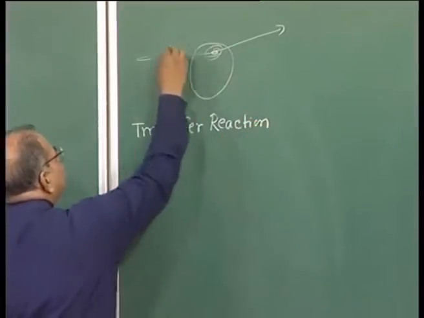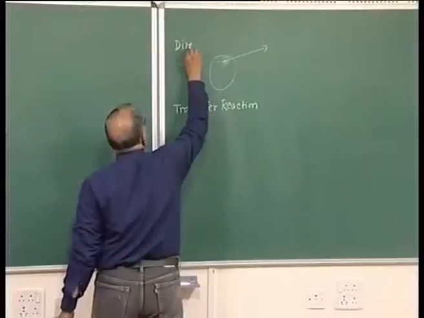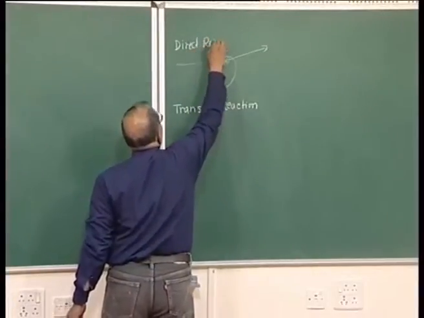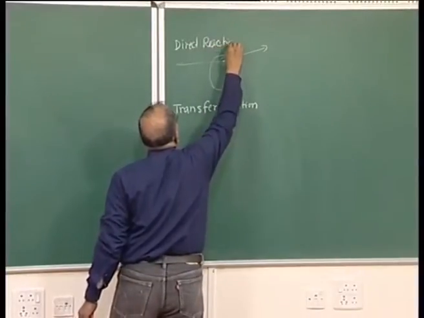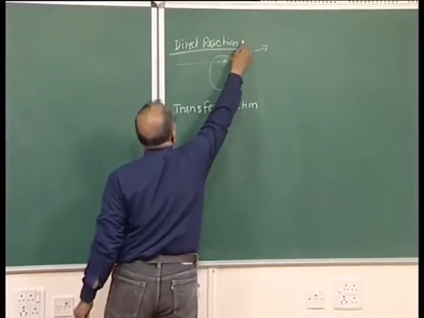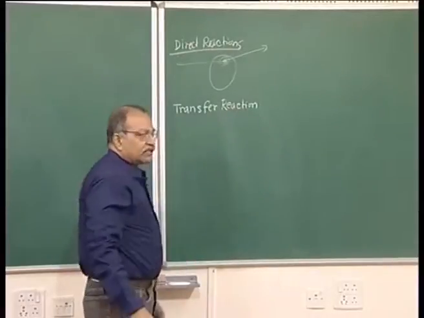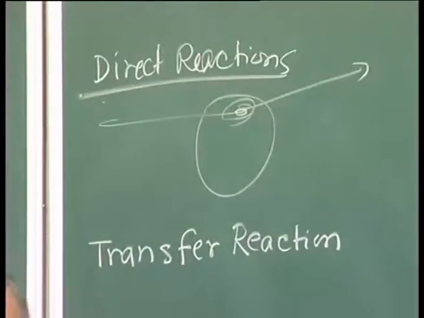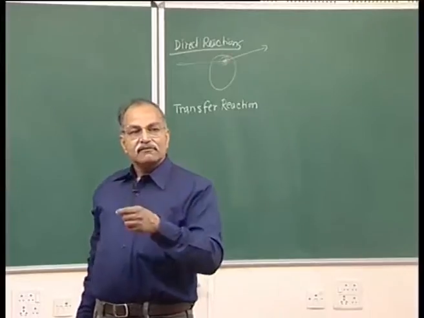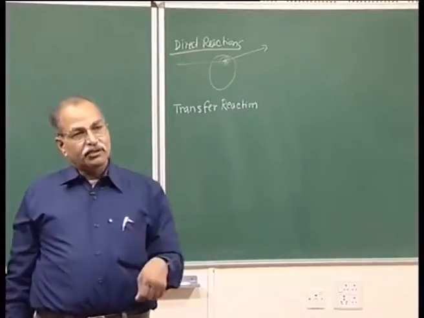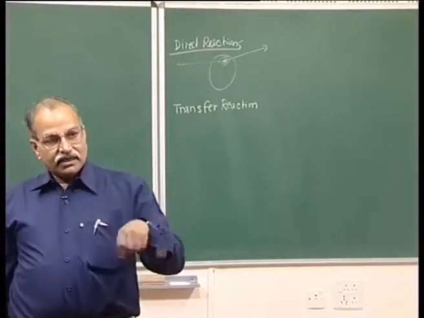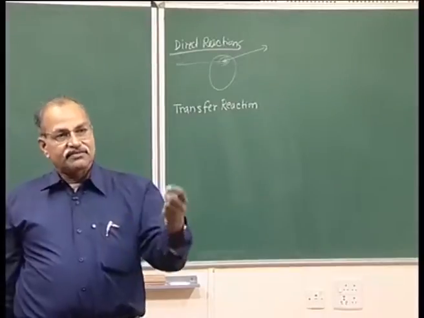It is a type of direct reaction. In transfer reaction, there is a transfer of a nucleon or more from the incident particle to this target nucleus, or vice versa.